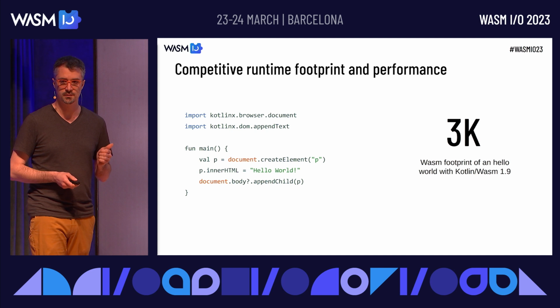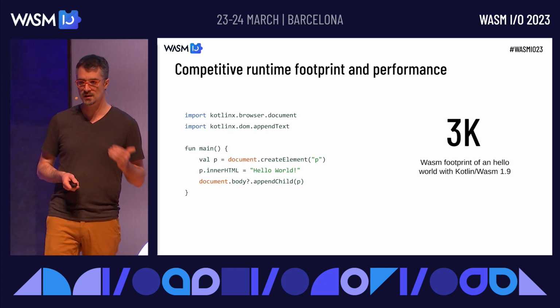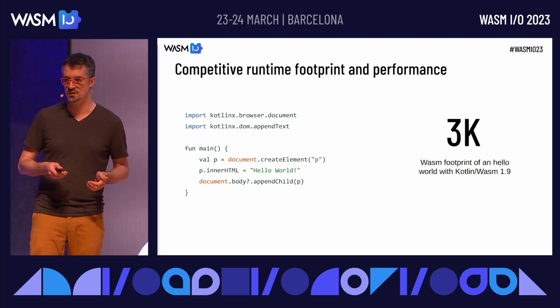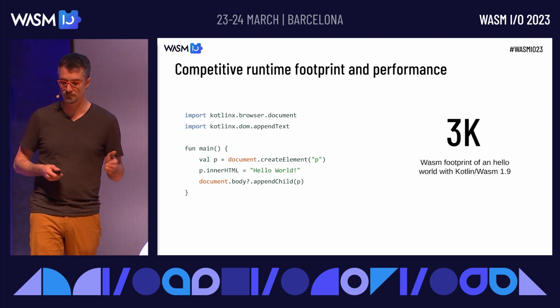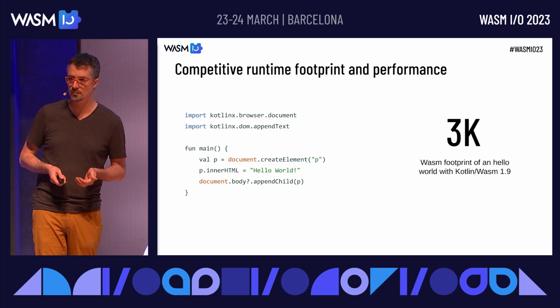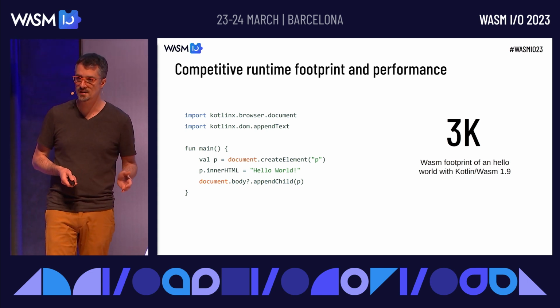A key point about Kotlin Wasm is that it targets a competitive footprint, including for public websites. We have already talked about using Wasm GC to draw an interface with a library that is 1 megabyte, for example. But here, we also would like to target public websites.